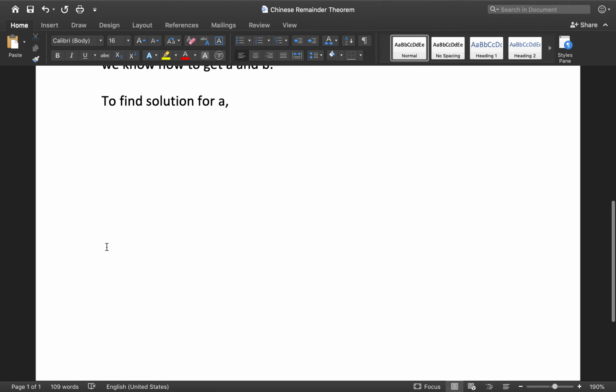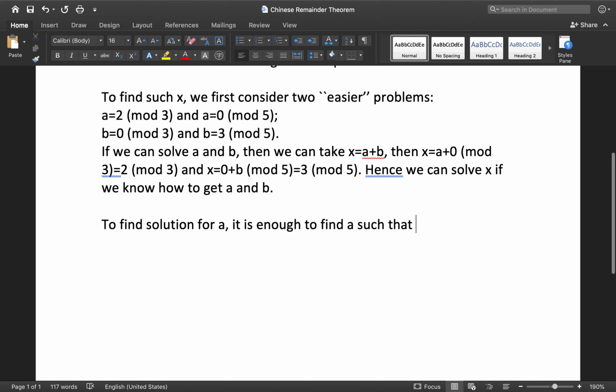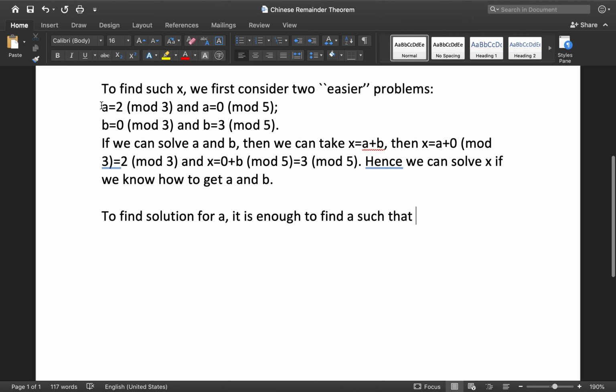Now, to find a solution for a, it is enough to find a such that, remember, a has to satisfy these two equations. So a has to be congruent to 2 module 3 and also congruent to 0 module 5. There are two equations there, right?